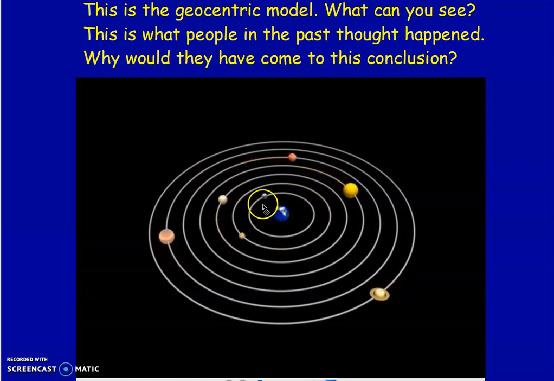They thought they went the Moon, then Mercury, then Venus, then the Sun, then Mars, Jupiter, and Saturn. Now, we know from looking at this over the last couple of weeks that this isn't right, and we know that the vast majority of people don't believe this anymore, but that's a different story for a different time.